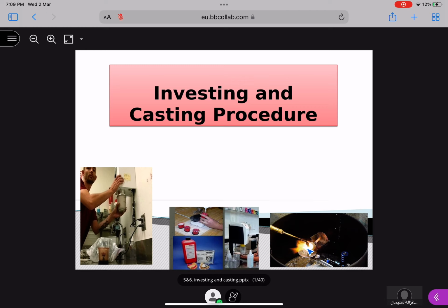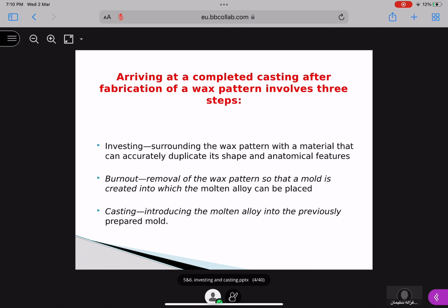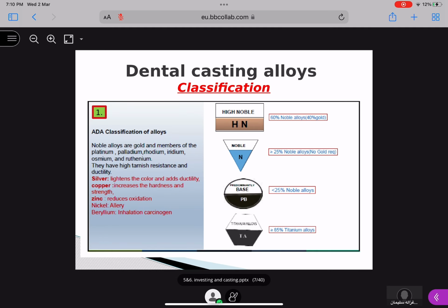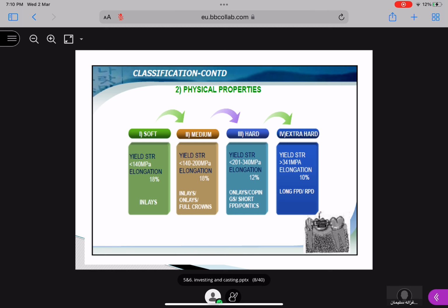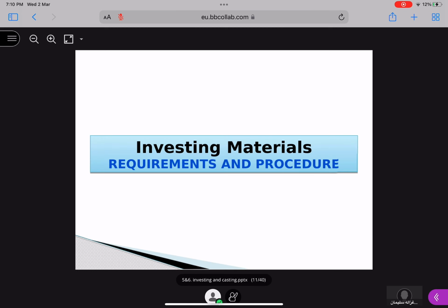We already discussed so many things before also, like why we are using this topic, what the steps of fabrication are, and why we are doing this wax-up procedure. We discussed the types of alloys, the classifications, and how we select the alloy.